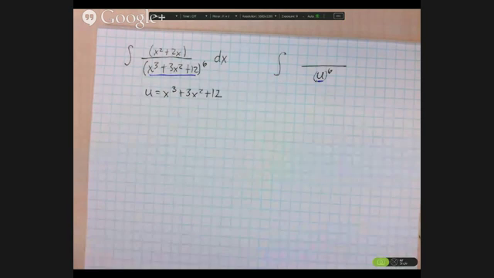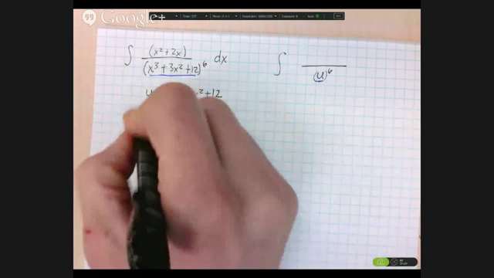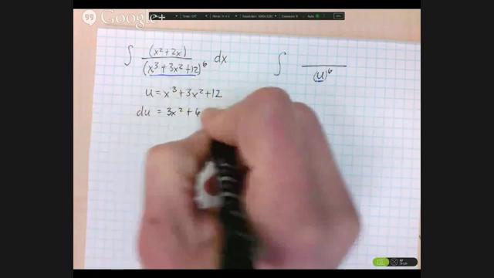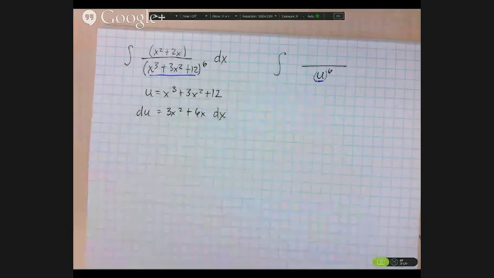Now take the derivative there. And some people can just do it like that, skipping that du dx step, which is fine if you're okay with that.